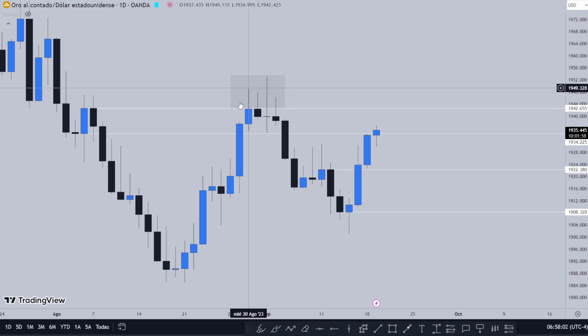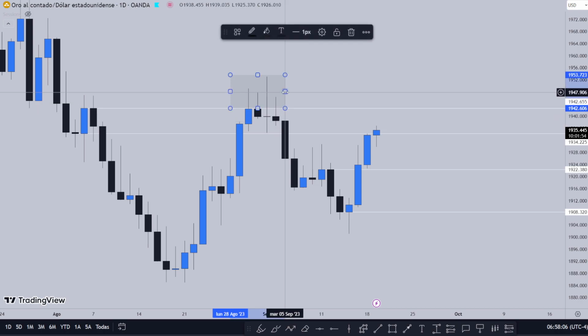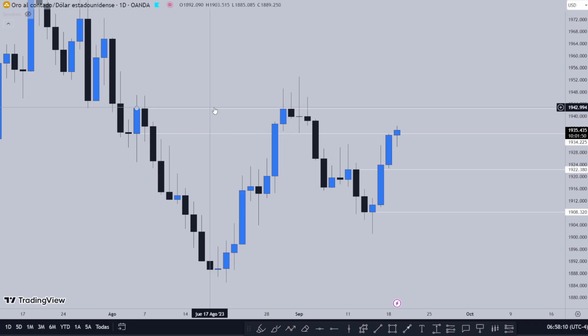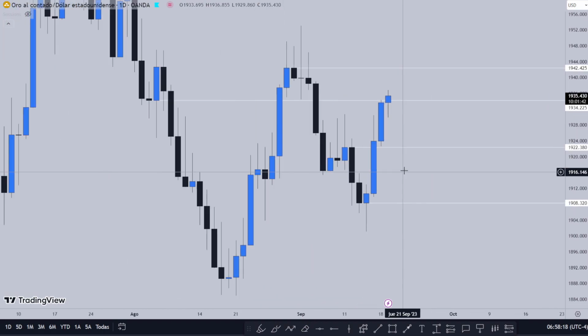Week 4 days rejecting this resistance. So that's why I prefer to use this level, or you can just put it right there. It's the same. It's a whole area. Okay, right.